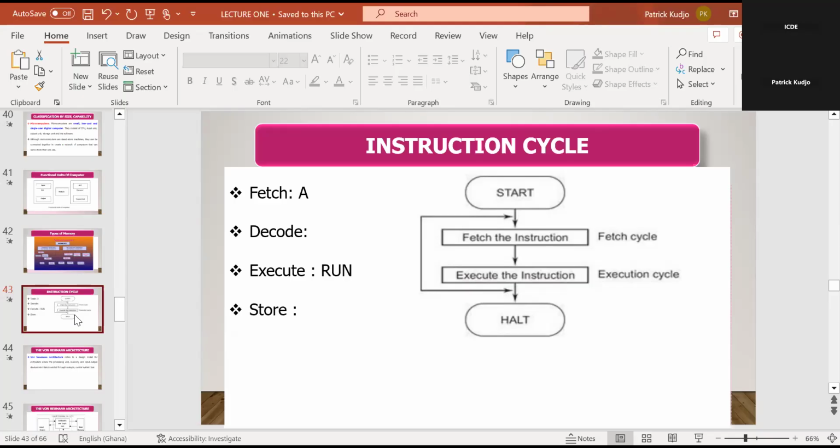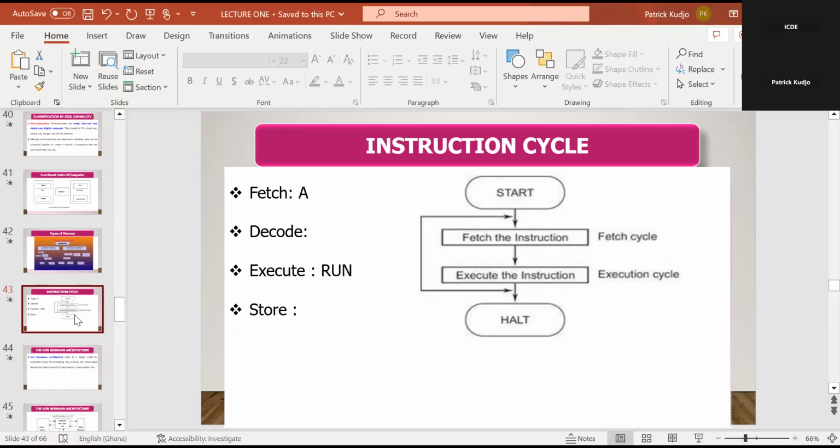What happens at the fetch stage? At the fetch stage, instructions are fetched or read from the memory of the computer system. That's simple. If you look at the diagram, fetching the instructions.